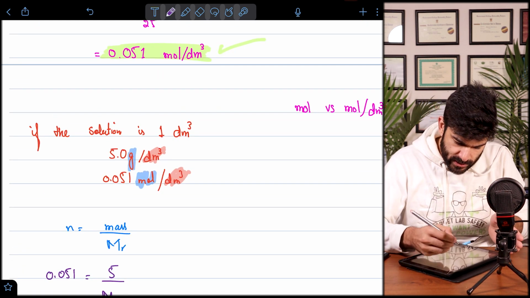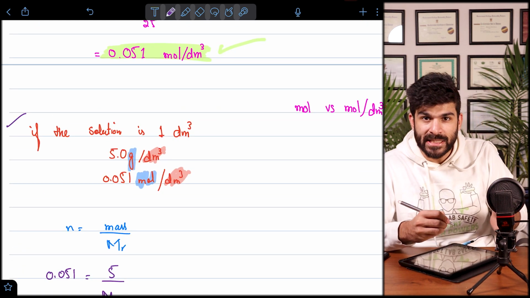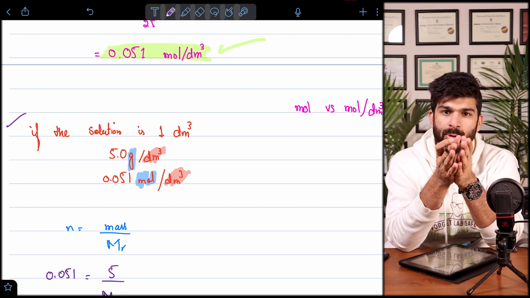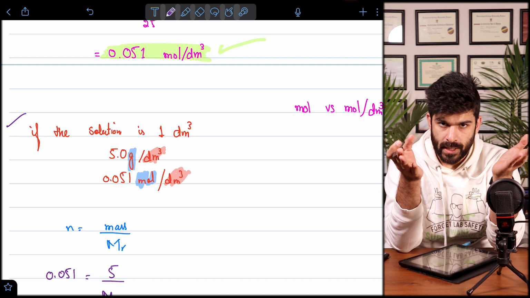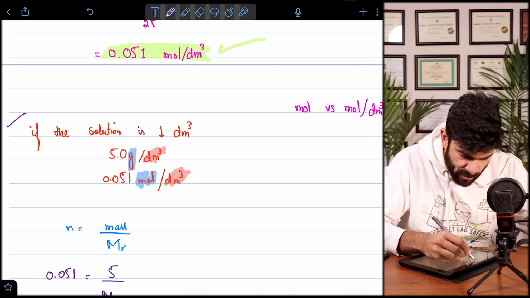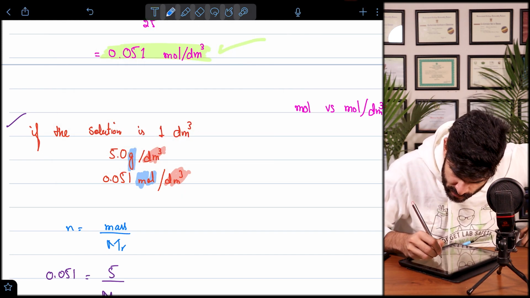Okay, I know this actual way tends to be very confusing for the students. So in case you have a value in gram per dm cube, just forget the concept. Let me give you a formula which you can always use.